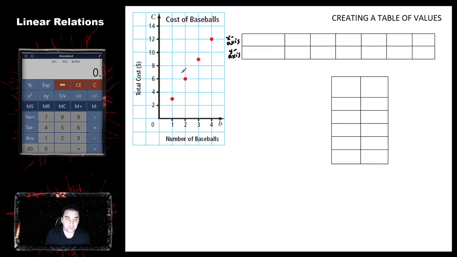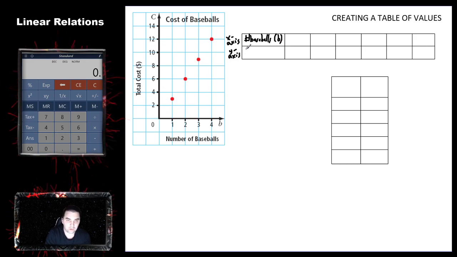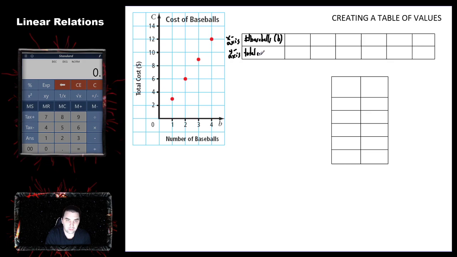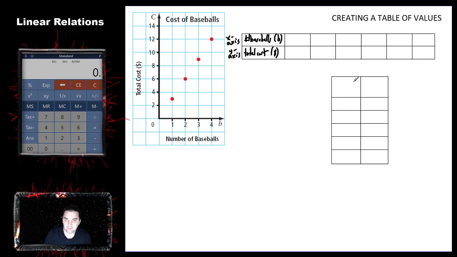So here it's toppings, but here it's the number of baseballs, and we represent that with B. And the y-axis is the total cost, and we're representing that in dollars. Okay, and I'll just fill that out here.